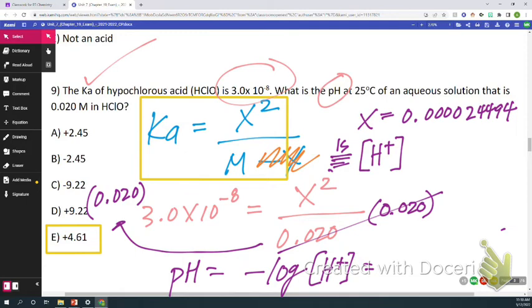X is H plus. Okay? Again, if you miss anything, just watch the video and you can fast forward to it and pause, things like that.